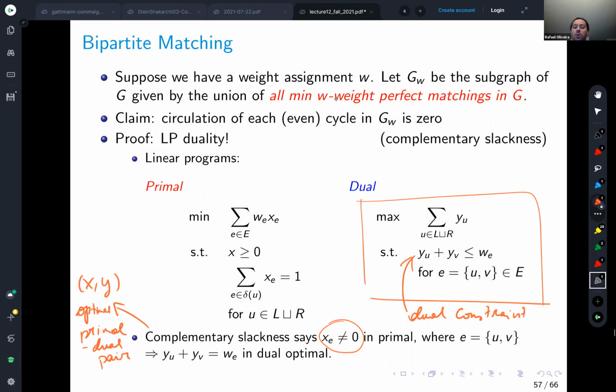What does it mean that the dual constraint is tight? It means that y_u plus y_v is equal to w_e.